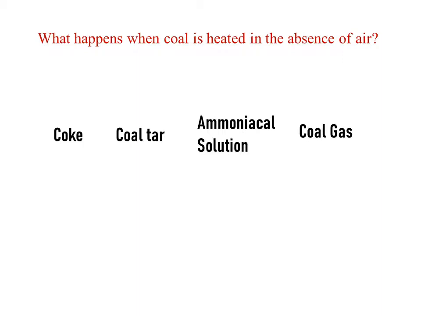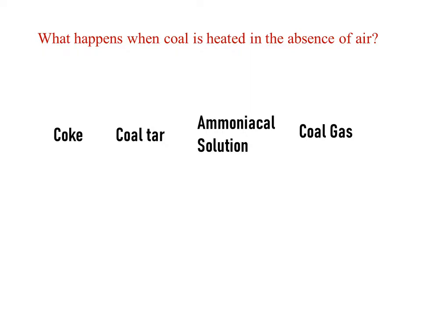So if coal burns in the absence of air, it will form coke, coal tar, ammoniacal solution, and finally coal gas. This process, by which these four substances are formed, is called the destructive distillation of coal.